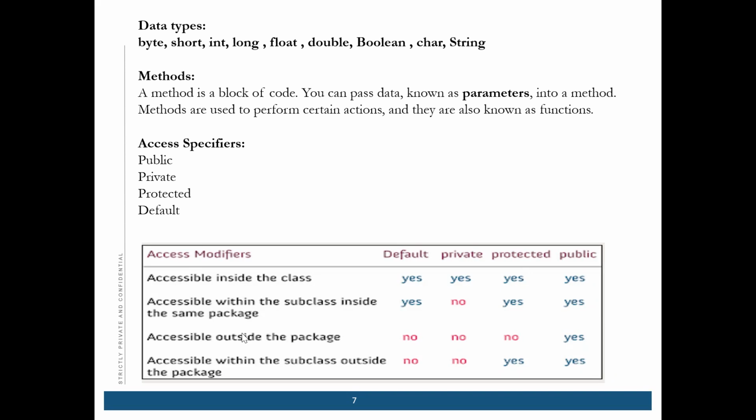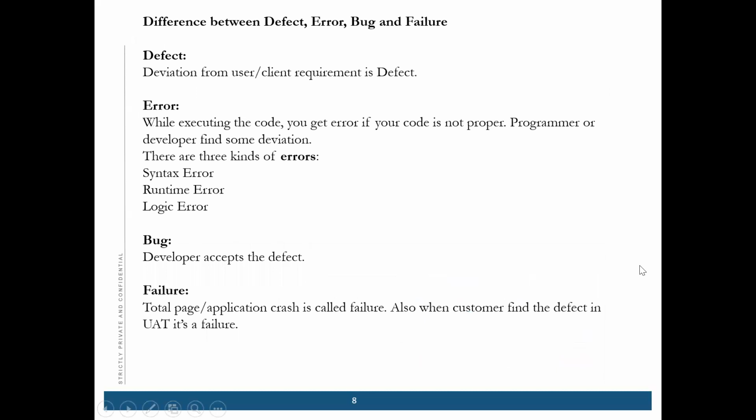Accessible within the subclass and outside the package is possible. That also we will learn, the difference between these two. Protected and default: default is only accessible inside the class and within the subclass inside the same package. So now we will learn what a package is and all those things.